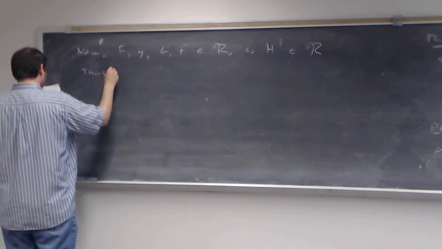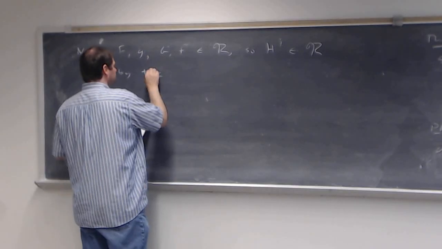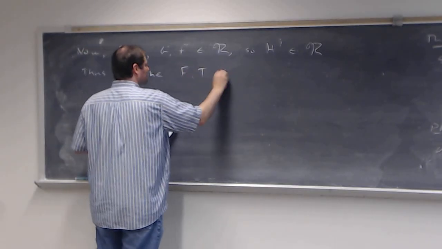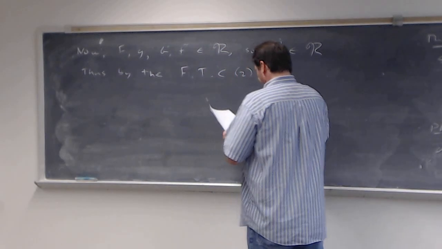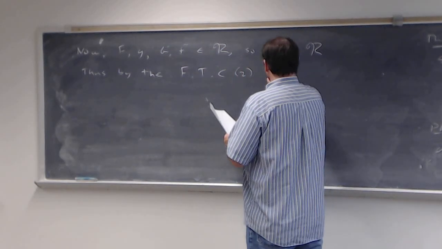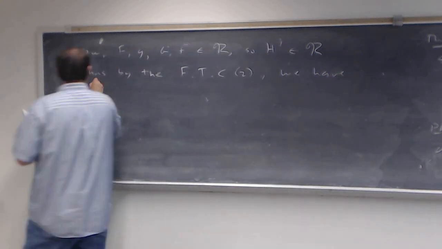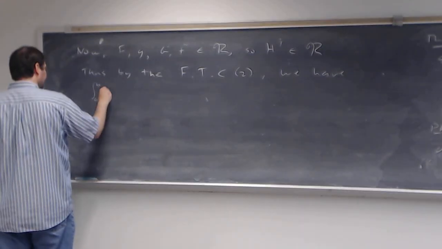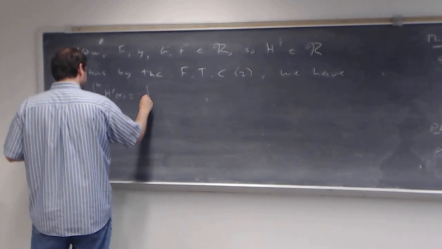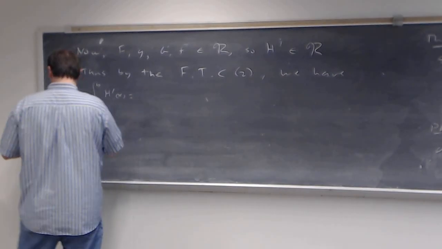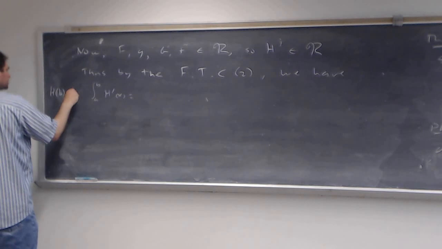Thus, by the fundamental theorem of calculus, part 2, we have the integral from a to b of h prime of x equals, by the way, h of b minus h of a.